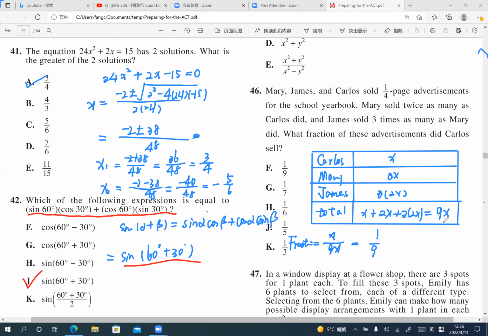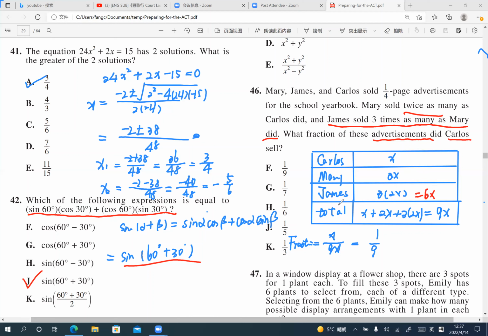From the table, we can tell, if we use x to represent the number of advertisements that Carlos sold, Mary sold twice as many, so Mary is 2x. And James sold 3 times as many as Mary did, and Mary is 2x, so James should be equal to 3 times 2x, which is 6x.